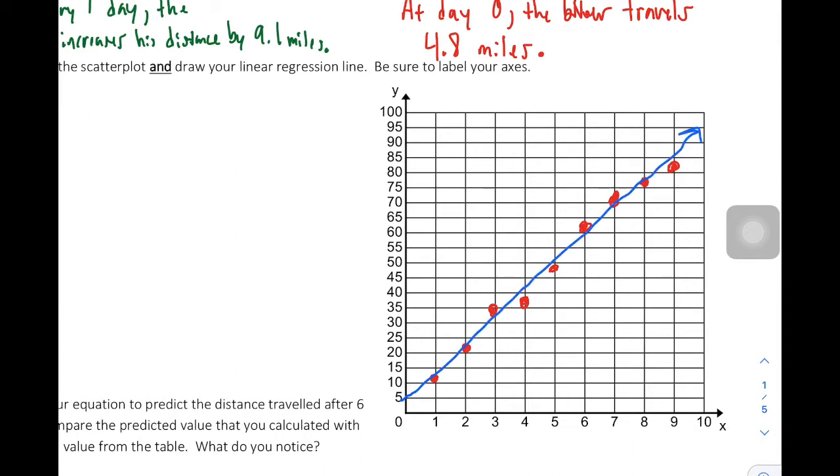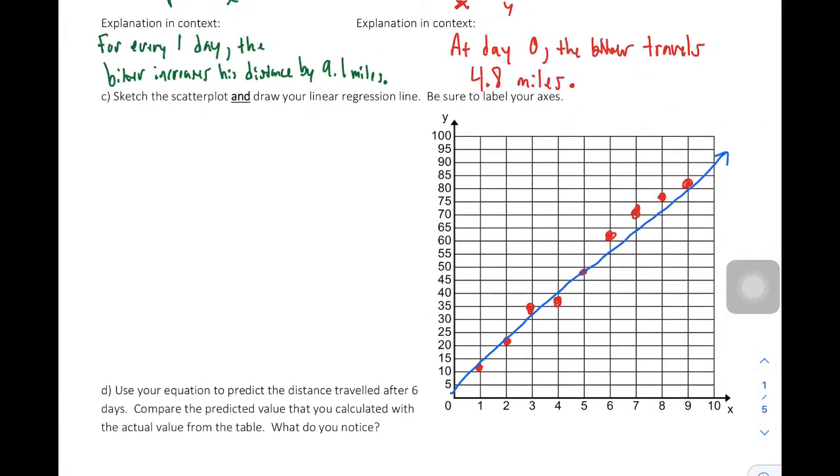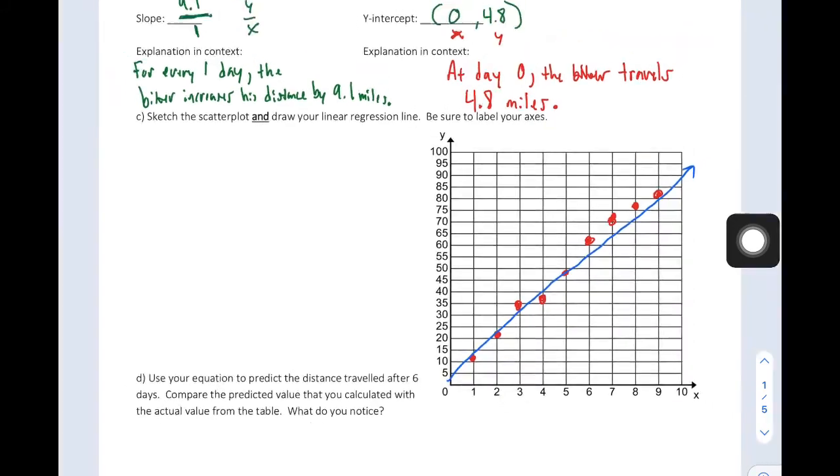So maybe something like that. Okay. I'm not looking for perfection here, but it should be something that fits. So don't give me a line that looks like that, because that clearly does not fit the data here. So again, just roughly draw it.